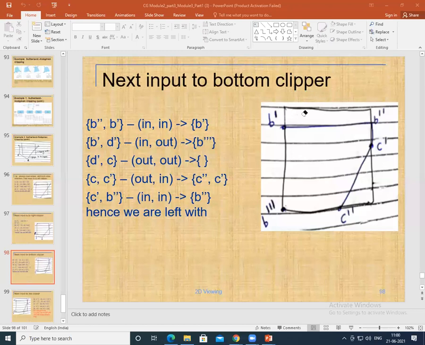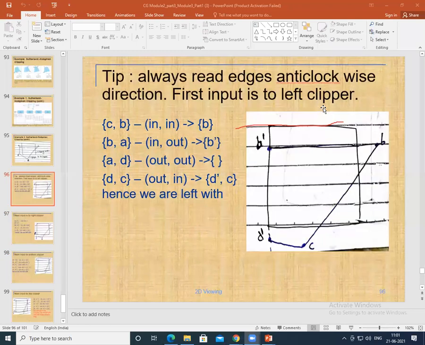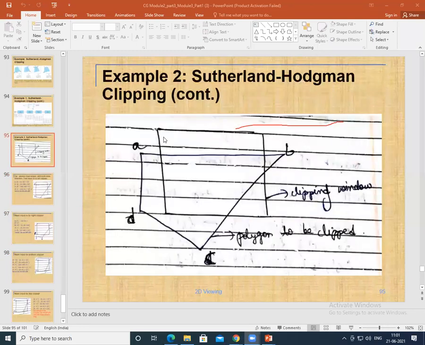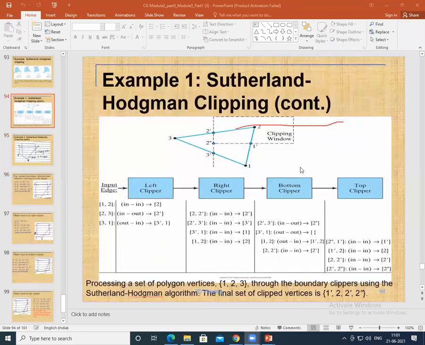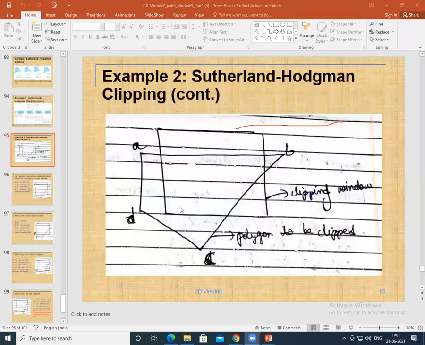So we did the left clipper, right clipper, bottom clipper. Now it is time to clip with the top clipper. If you could see the top clipper, try to understand all of you. We have a clipper given on the right. So here is the top clipper. Once again, see all of you, this is the given diagram.